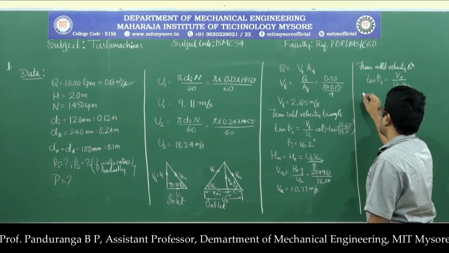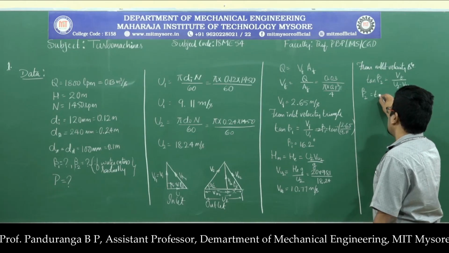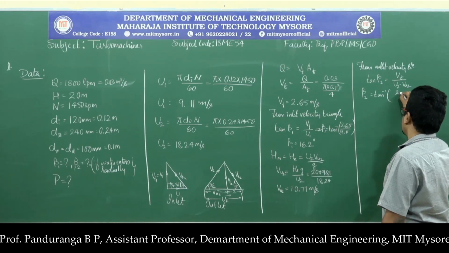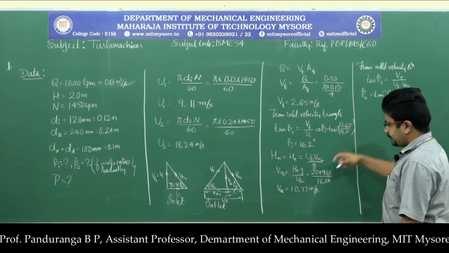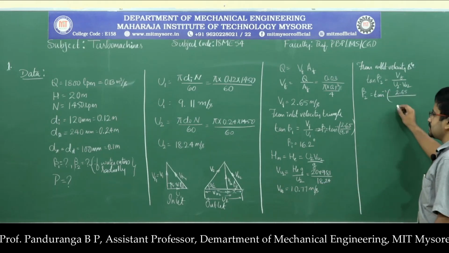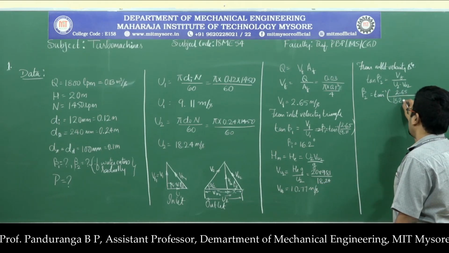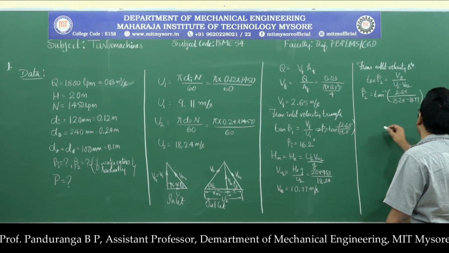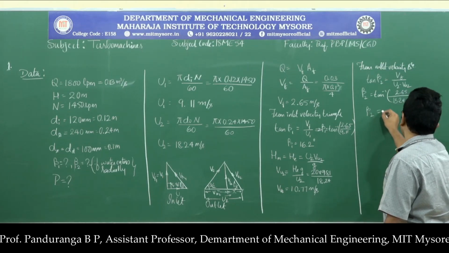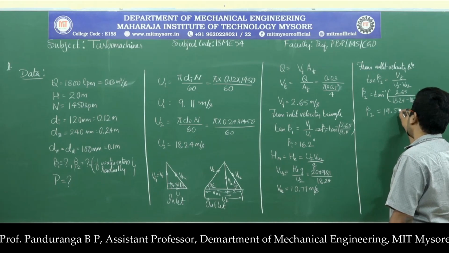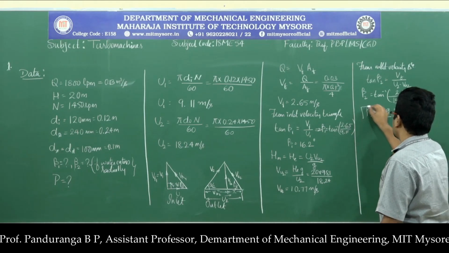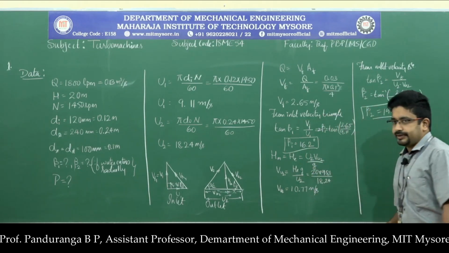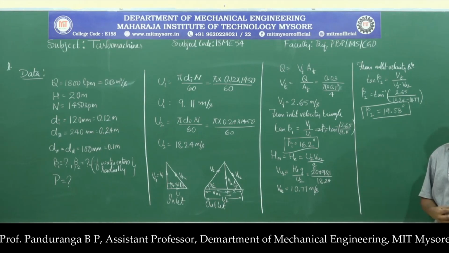So beta 2 will be equal to tan inverse of Vf, 2.65, divided by u2, 18.24, minus Vu2, 10.77. So I get beta 2 as 19.58 degrees. This is the value of beta 2, and beta 1 is 16.2 degrees.